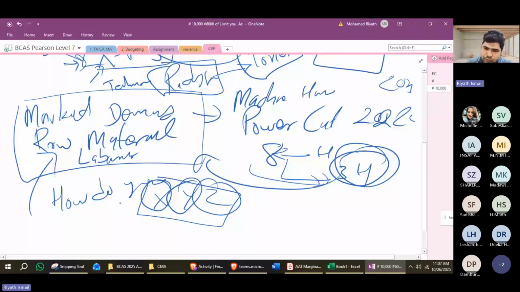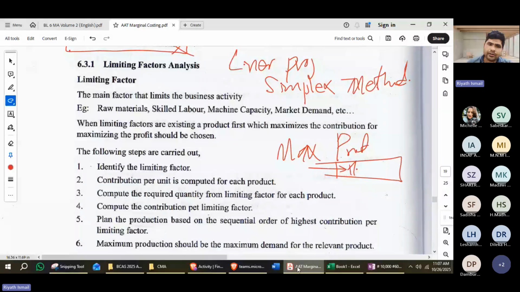Now we move to the main factor. Let's see the limiting factor: the main factor that limits the business activity. For example, it may be raw material, skilled labor, machine capacity, market demand, etc. When limiting factors exist, the product which maximizes the contribution for maximizing profit should be chosen first.